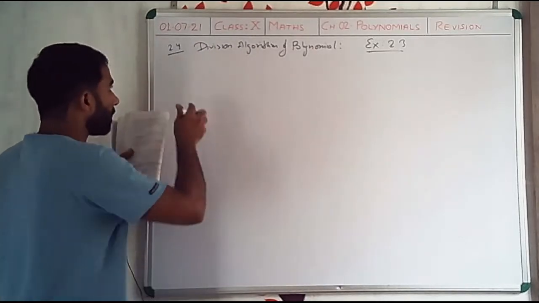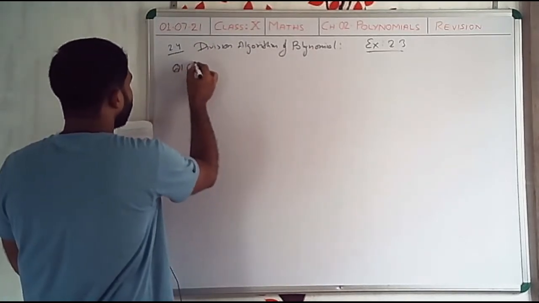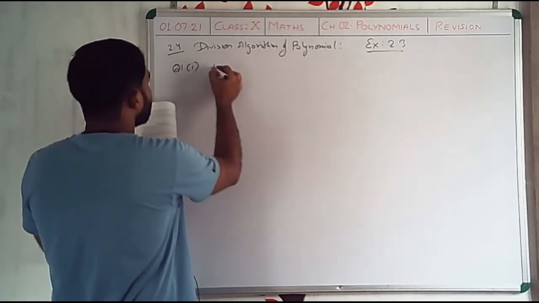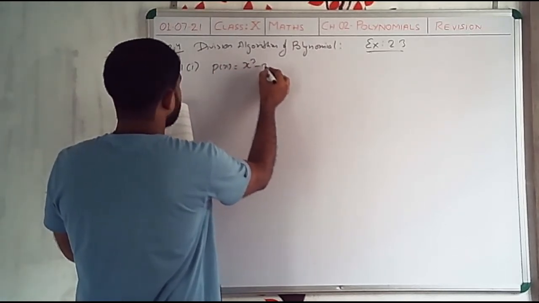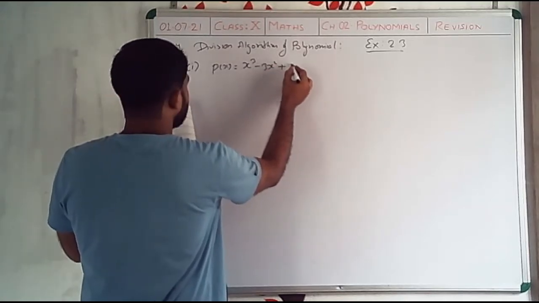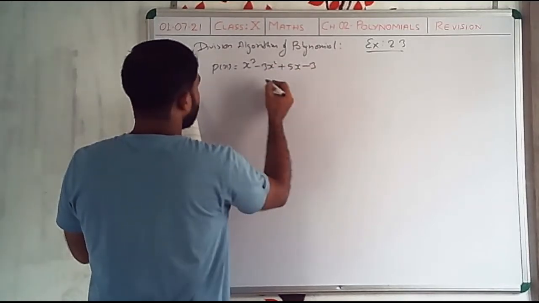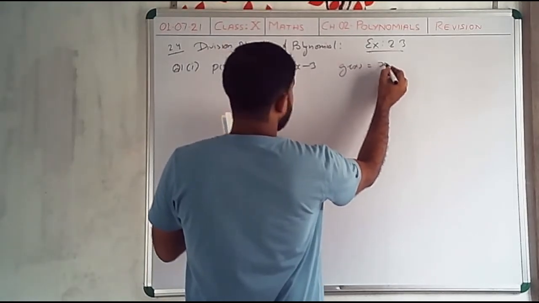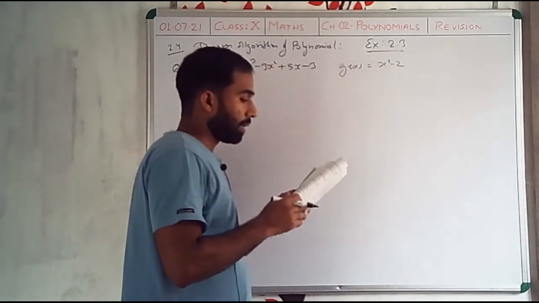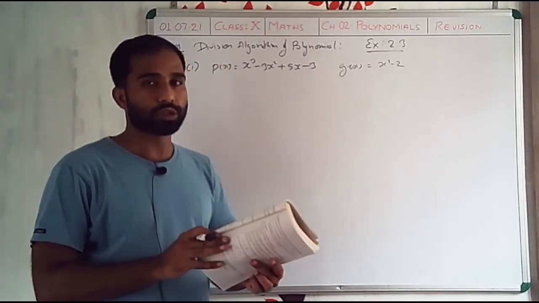So the very first part of this question is p(x) is equal to x cube minus 3x square plus 5x minus 3 and g(x) is equal to x square minus 2, and the question asks for the quotient and remainder.